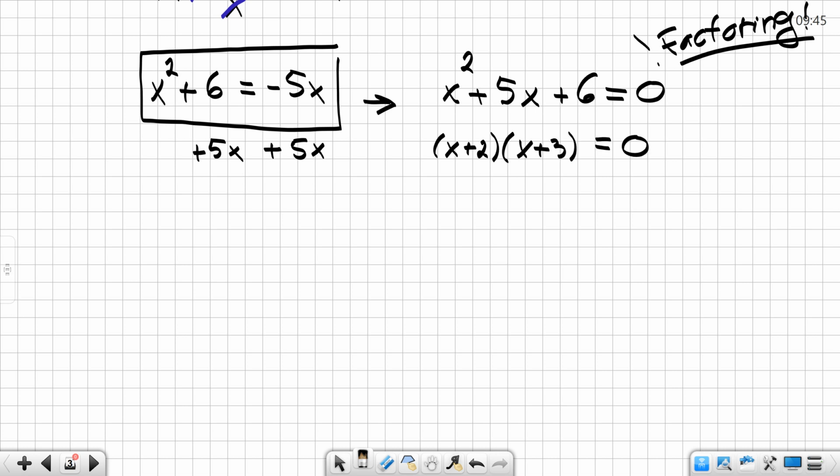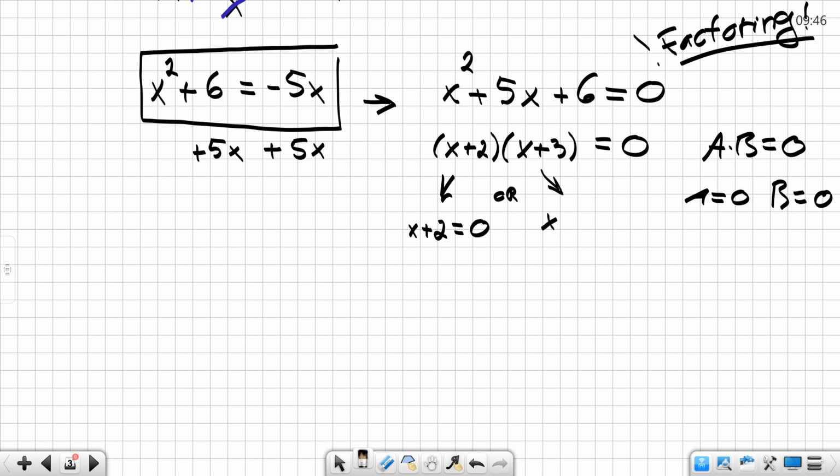I double check before I move on. 2 times 3 is 6. 2x plus 3x is 5x. And x times x is x squared. Now I use my property: a times b is equal to 0 means a is equal to 0 or b is equal to 0. In other words, I set the first factor equal to 0.